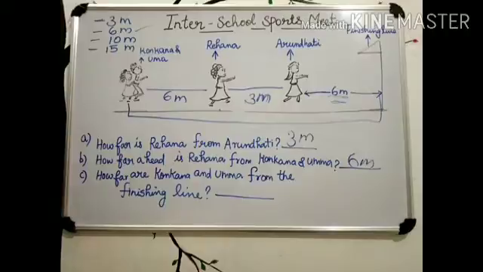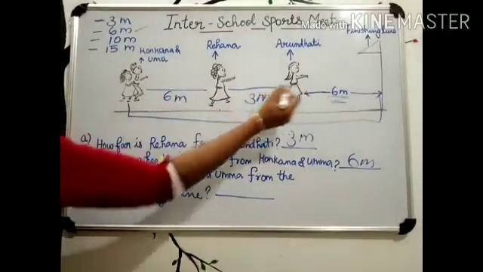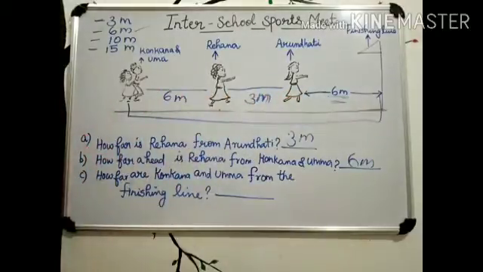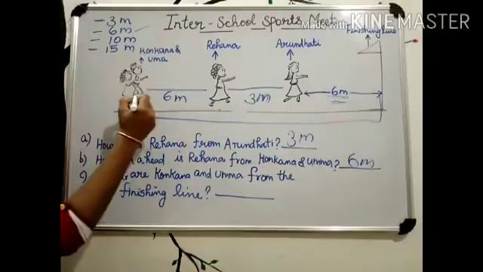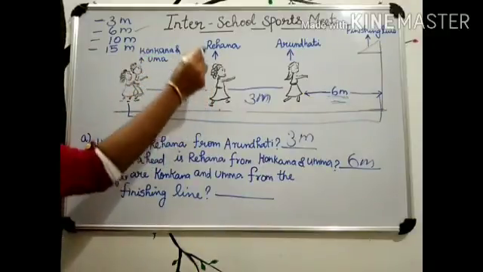So how can we find out the answer? You know the distances here, isn't it? You know the distance between these girls, isn't it? So you just add those numbers. Here, Konkana and Uma, Rahana.